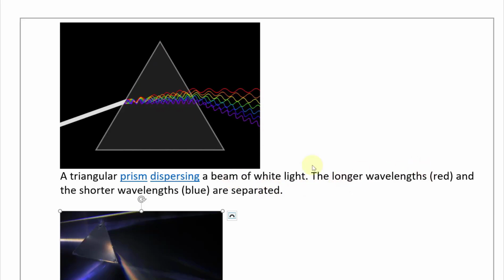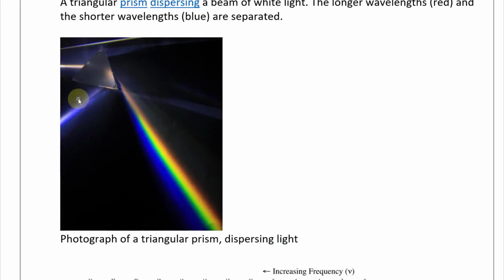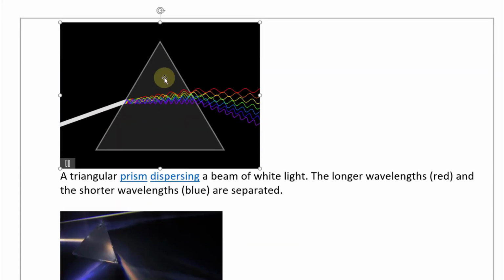The longer wavelengths red and the shorter wavelengths blue are separated based on how they bend across this prism. Notice this is white light, all the light frequency colors, and then it separates and you can see a rainbow. But interesting is, here's a real life image of it, which doesn't look too similar to this actually.